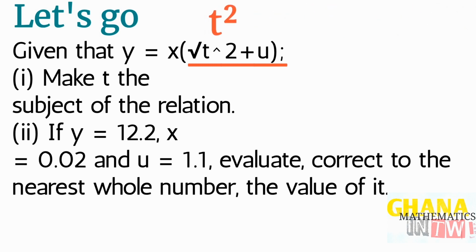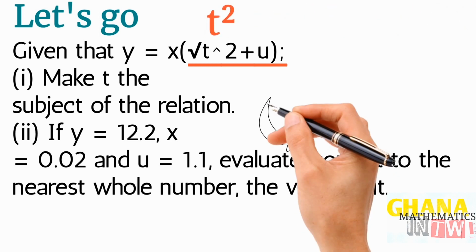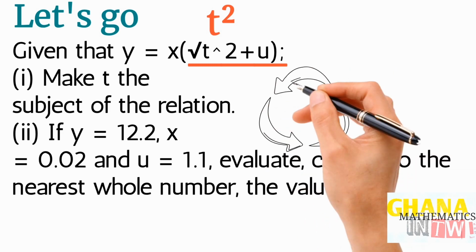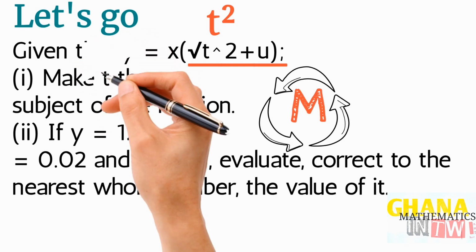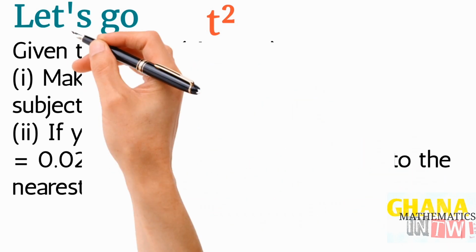And t raised to the power 2 can also be written as I've written. So please put this in memory. Don't forget the question, because you base on the question to solve our work.